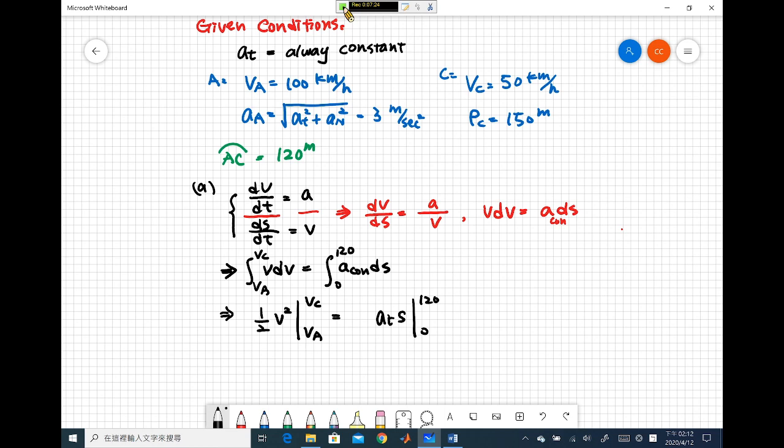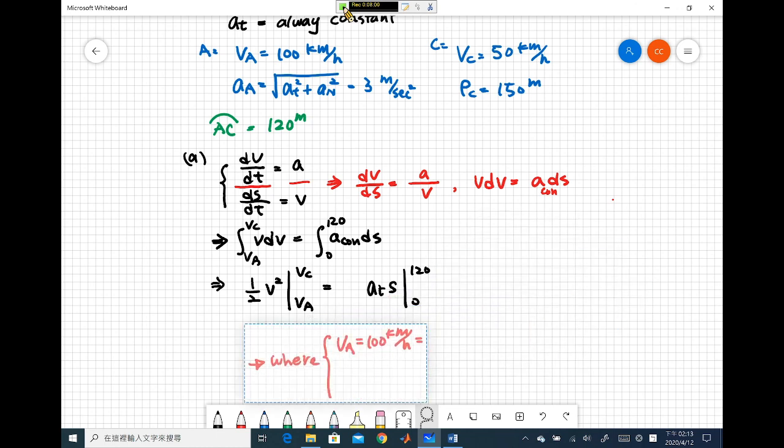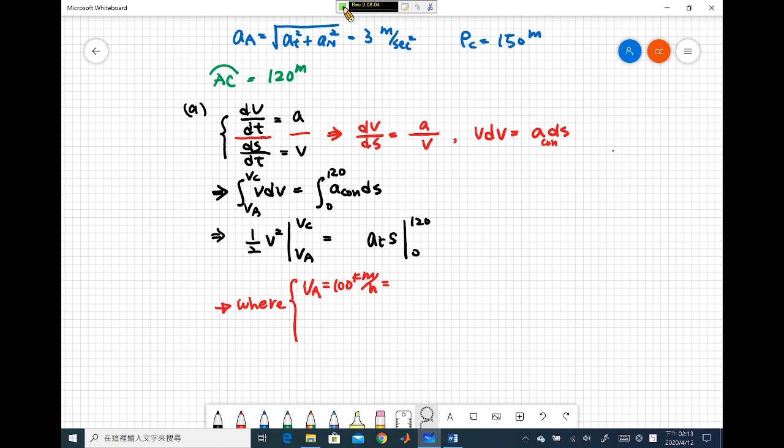But before that, we have to change the unit from kilometer per hour to meter per second for convenience. So VA is 100 kilometer per hour. That will be equal to 100 kilometer per hour times hour to second times kilometer to meter.